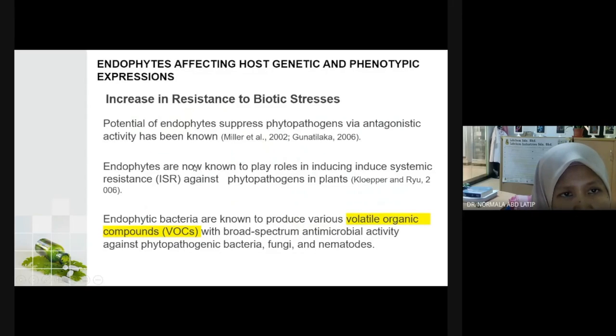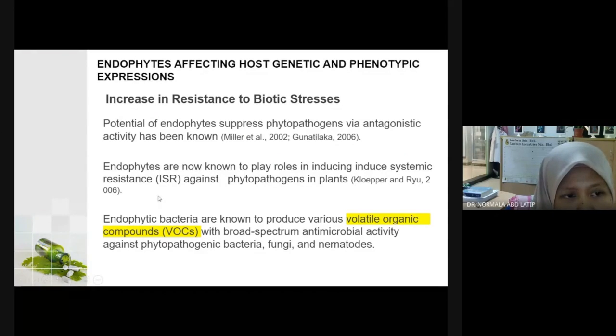The endophytes also increase resistance to biotic stress during their mutualistic agreement. The endophytes can suppress phytopathogens via antagonistic activity. This means that the endophyte will help the host tissue to be protected from other pathogens.